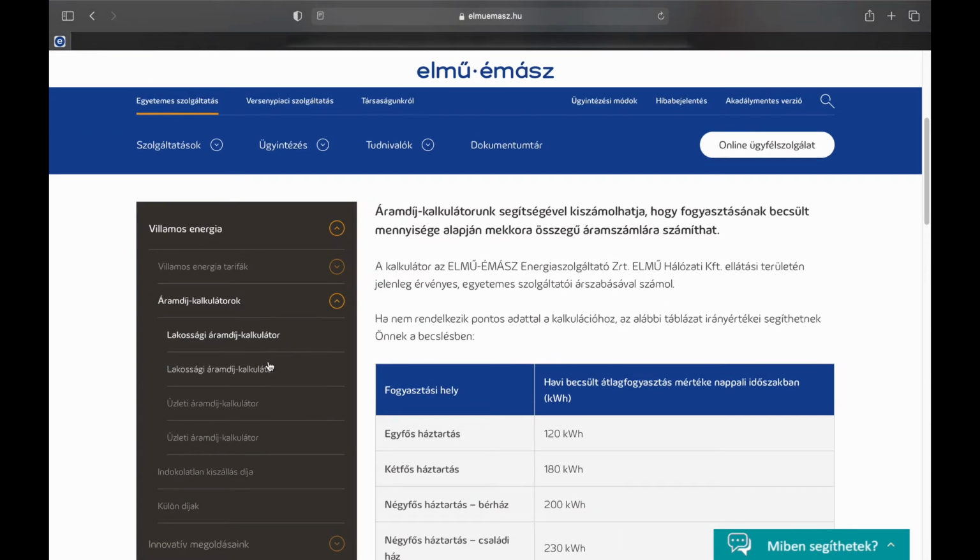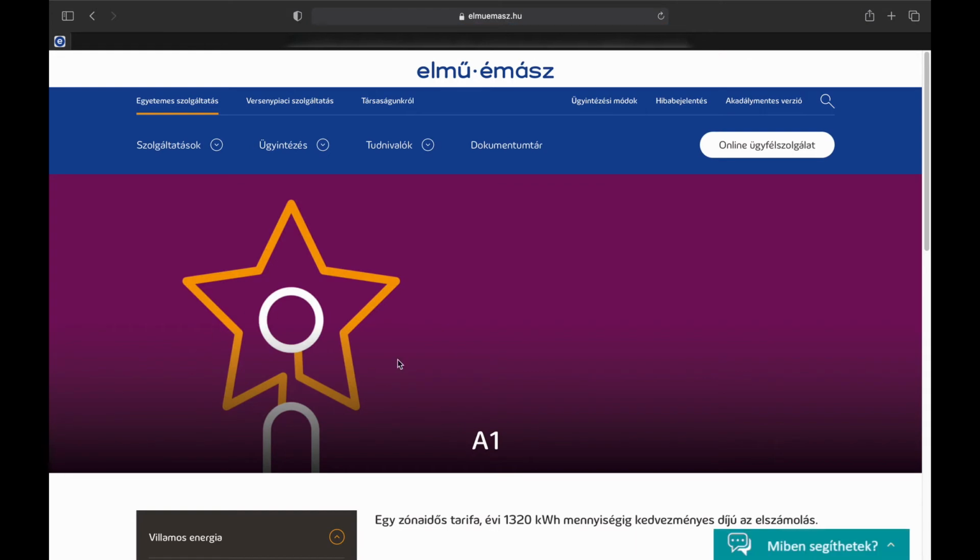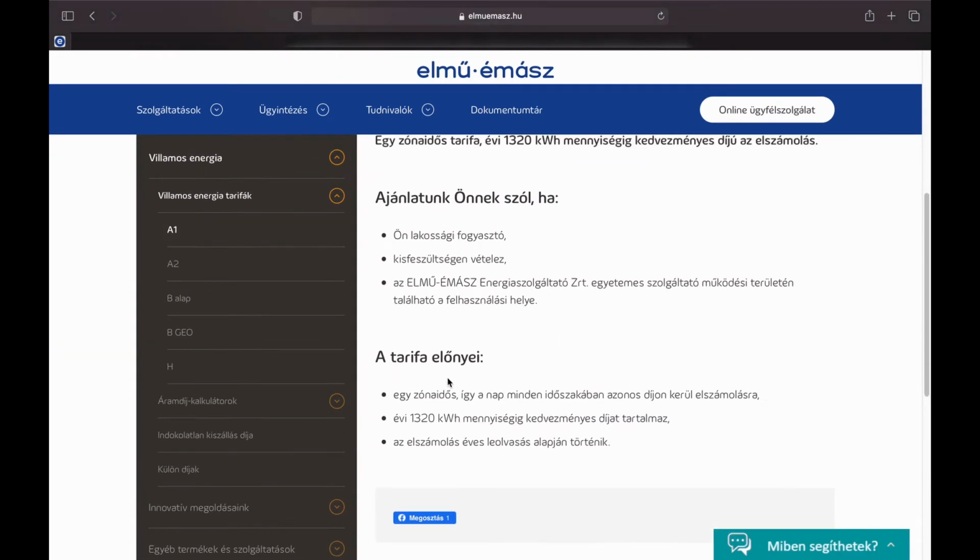If you want to know more about it, just scroll up to Villamos Energia Tarifák, the drop-down menu, you see A1, A2, and either use your partner to translate or use Google Translate. But to simplify it, again, A1 is a daytime meter, A2 is a day and nighttime meter.